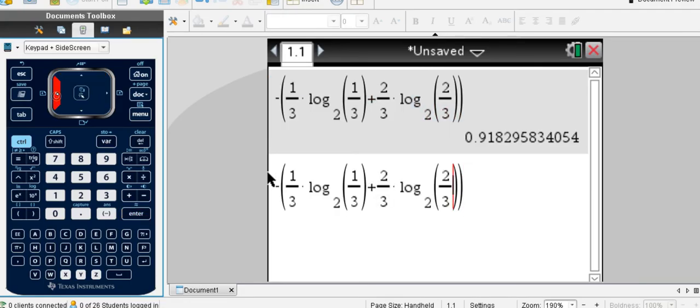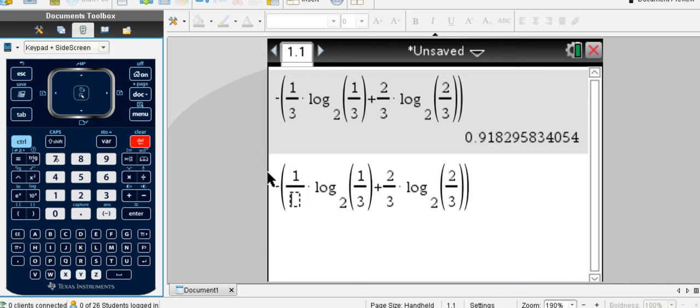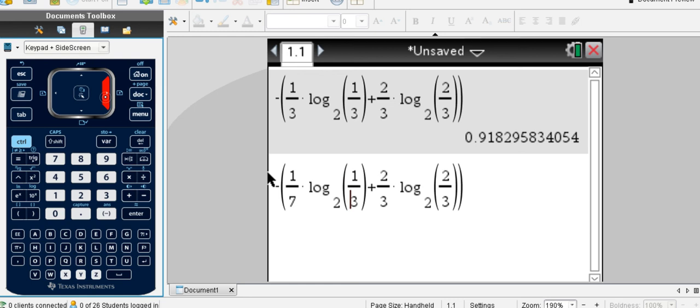So the first one is 10, so we'd have 10 over 70, which is the same thing as 1 over 7. I think 10 over 70 is 1 over 7. And then you would have 60 over 70, which is the same thing as 6 over 7.